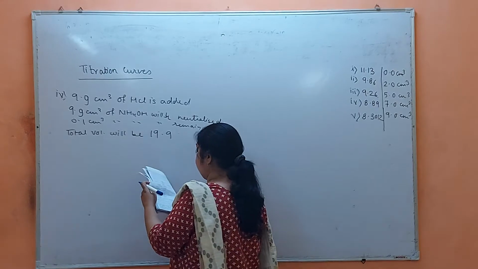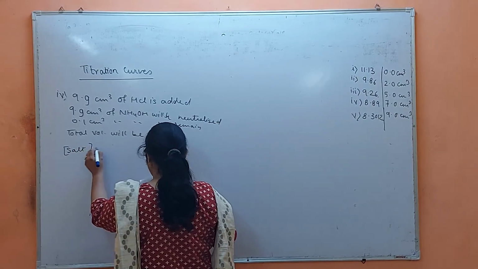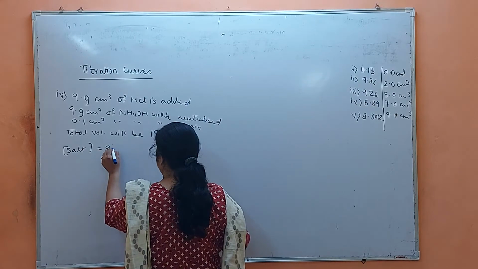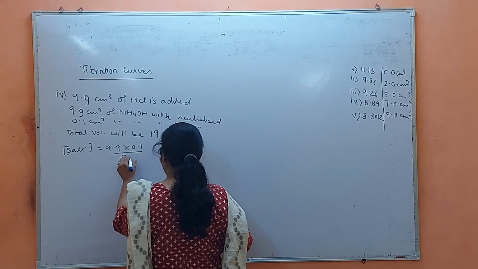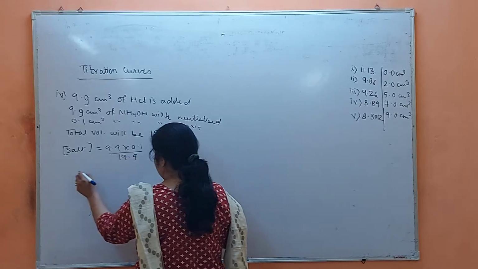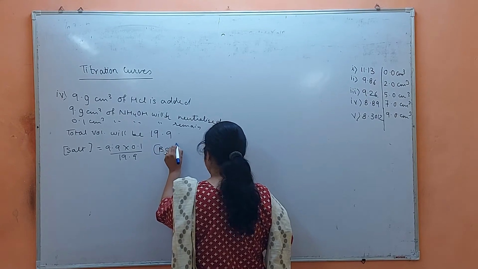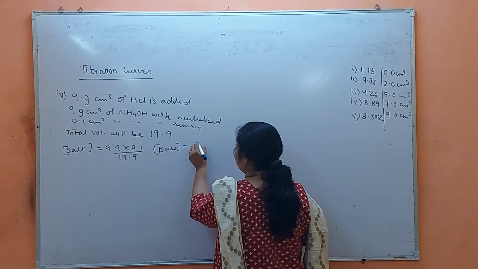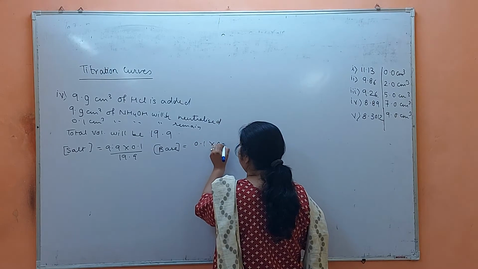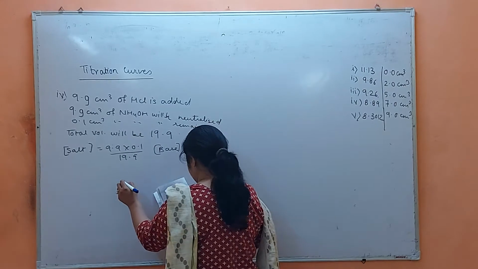So salt concentration will be equal to 9.9 into 0.1 divided by 19.9, and base will be equal to 0.1 into 0.1 divided by 19.9. All right.